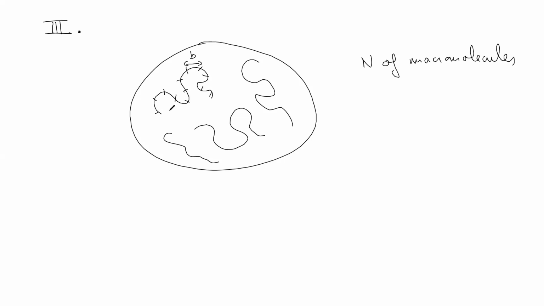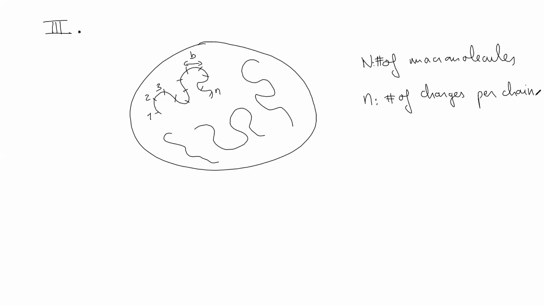And you can say that it has between 1, 2, 3, and n charges. So I have small n charges, and small n is the number of charges per macromolecule, or per chain, it's the same.